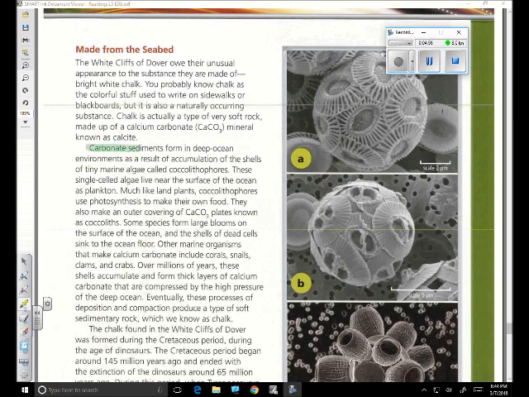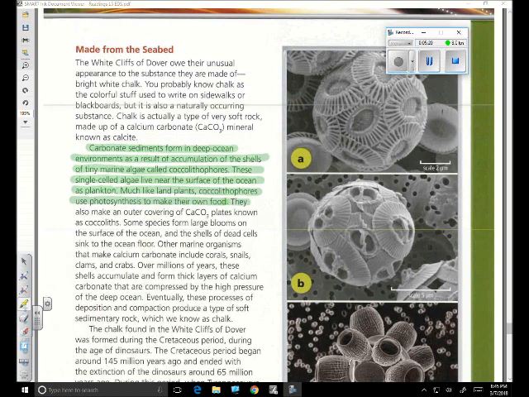Carbonate sediments form in deep ocean environments as a result of accumulation of the shells of tiny marine algae called coccolithophores. These single-cell algae live near the surface of the ocean as plankton. Much like land plants, coccolithophores use photosynthesis to make their own food.